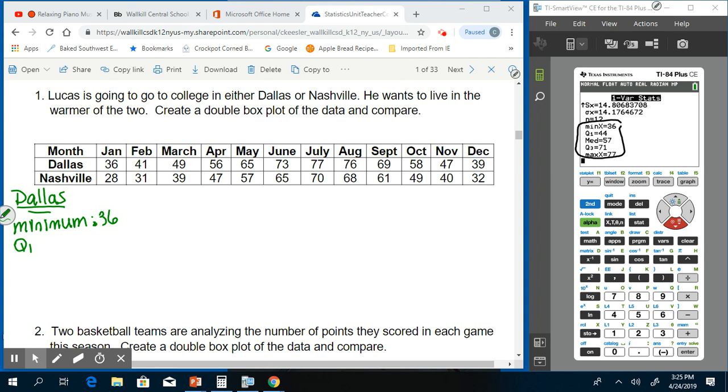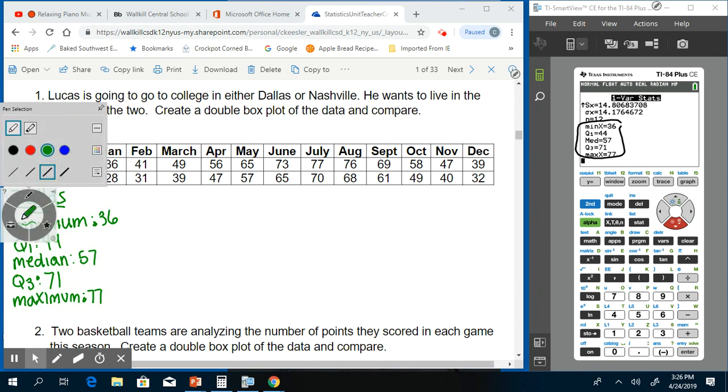Remember, that's the median of the lower half. Our median is 57. Quartile 3 is 71, and that's the median of the upper half, and our maximum is 77. So now I'm going to do the same for Nashville.